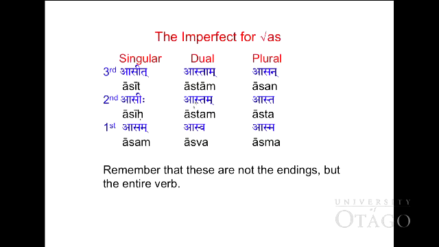This is another class of verb, and you can see the special declension in this chart: asit, astam, asan, asih, astam, asta, asam, asva, asma. This is as, meaning was or were. So remember that these are not the endings, but the entire verb for as.